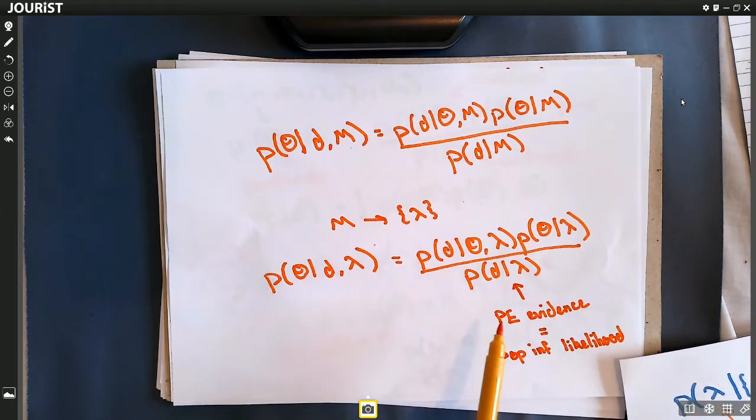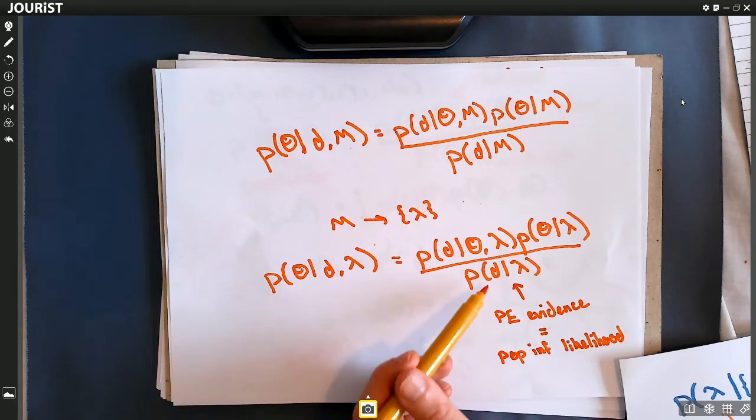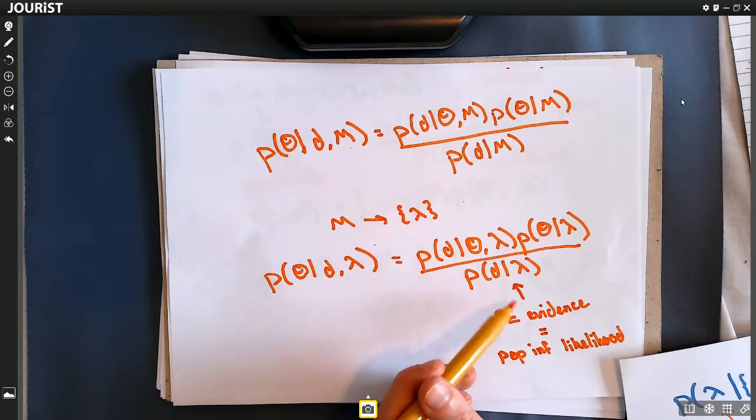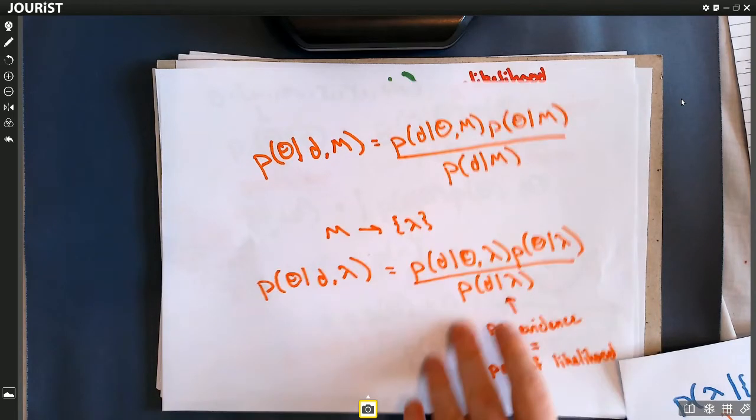Okay, and this is why population inference is often also referred to as hierarchical inference, because we have a hierarchy of inferences, where the evidence from one level of inference becomes the likelihood to the next level up of inference. Okay, so let's delve a little deeper.